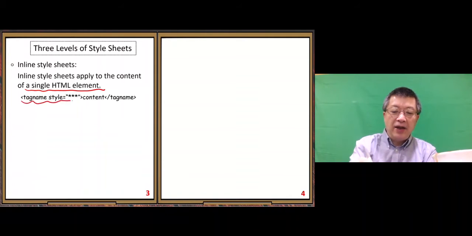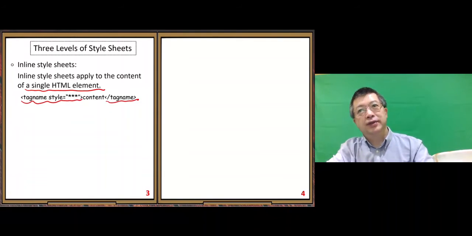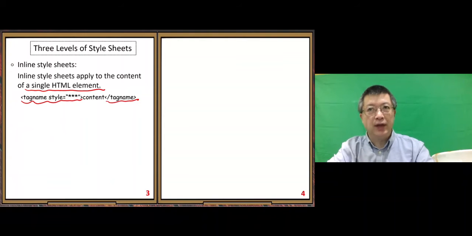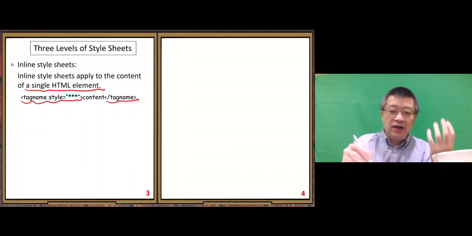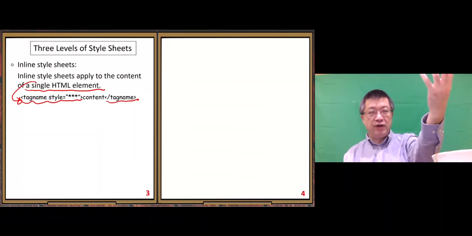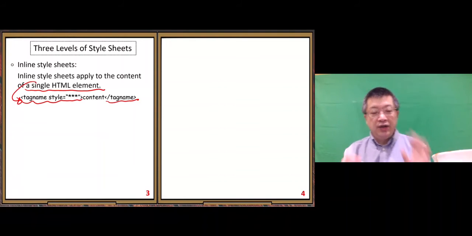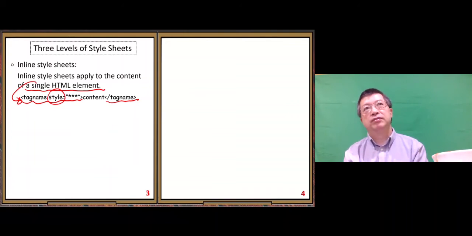Suppose there is some tag, any tag. The tag name is not important. You can apply it on any tag, but you need to have a tag first, a single HTML element. Then you use a special attribute, the style attribute.